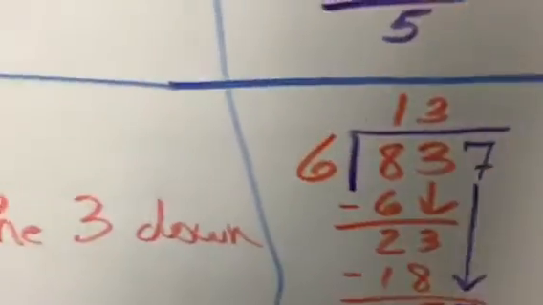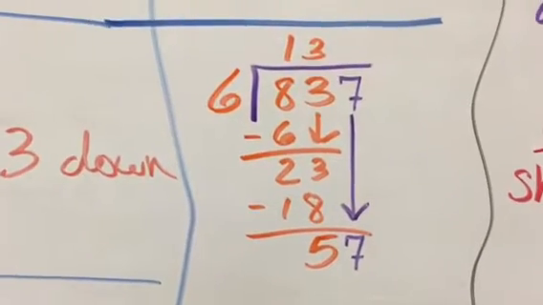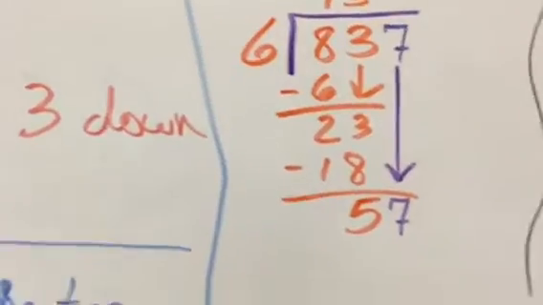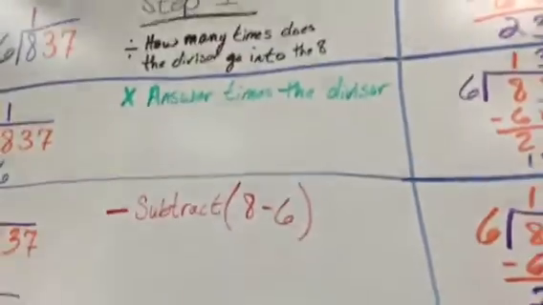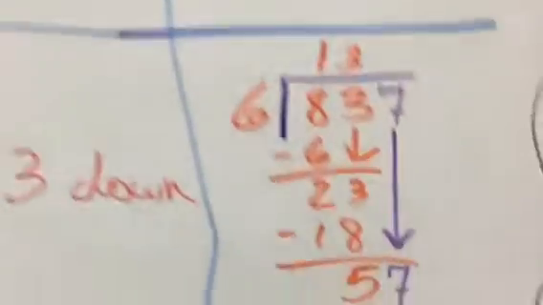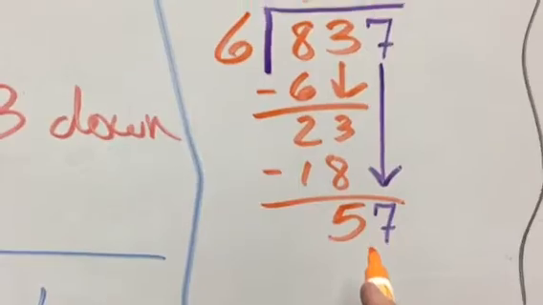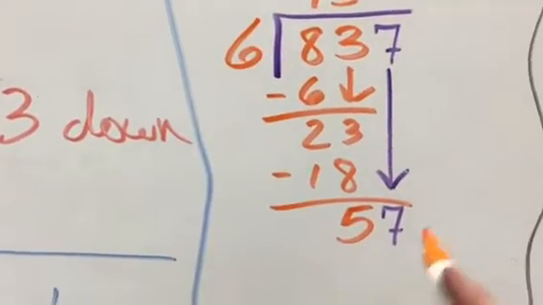So let's just watch what it looks like to finish that. Please pause the video and see if you can finish it on your own. All right, let's see if you got it right. The next, we go back to the top, which is division. So we'll see how many times our divisor can go into our number down here. And we know that 6 times 9 is 54.